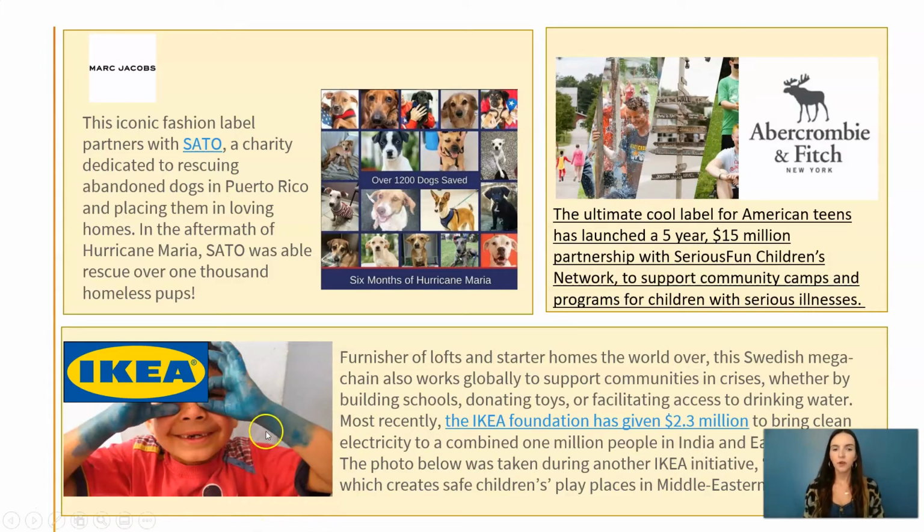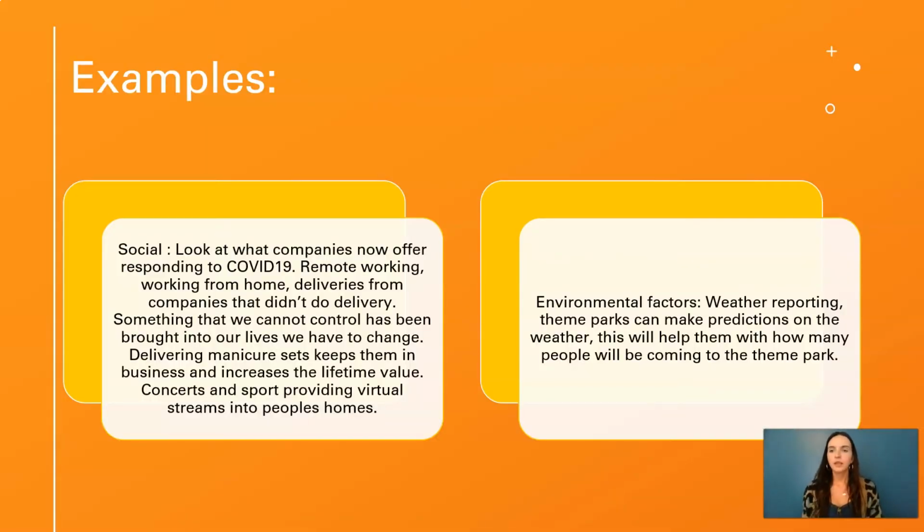The photo that we've got here was taken during another IKEA initiative, War Child, which creates safe children's play spaces in Middle Eastern conflict zones. So they are using corporate social responsibility, their brand and their money, to provide good services to lots of causes around the world.